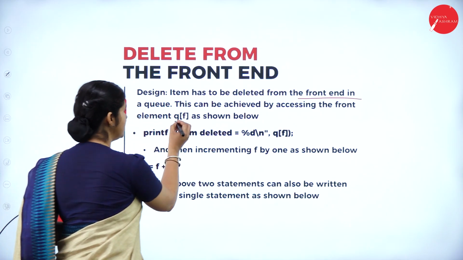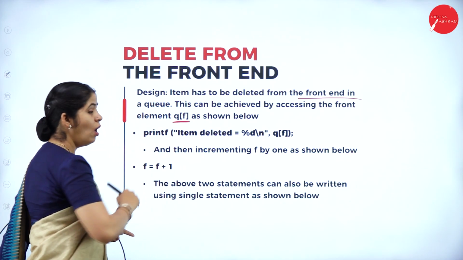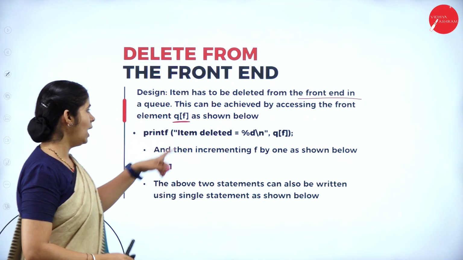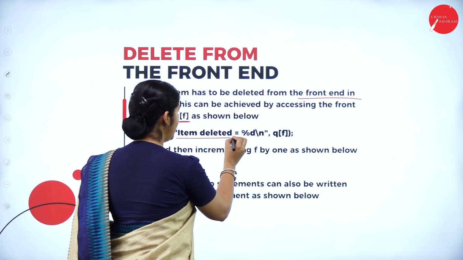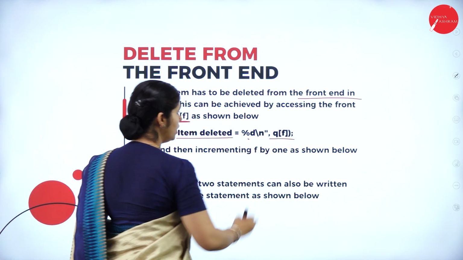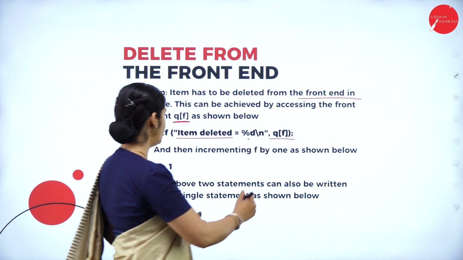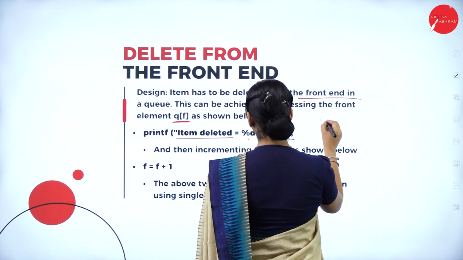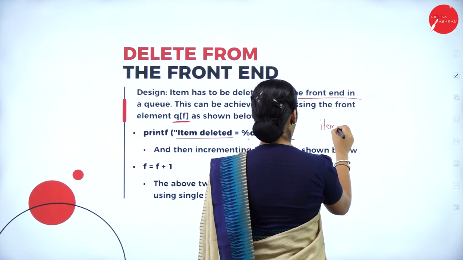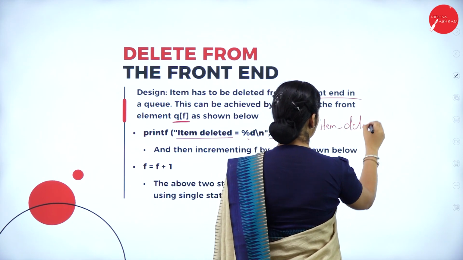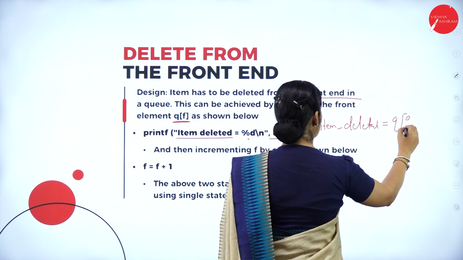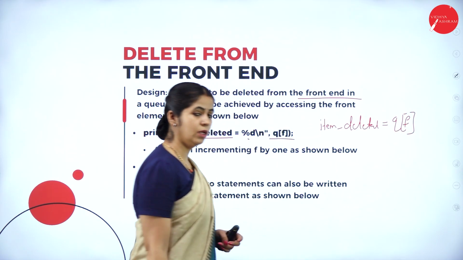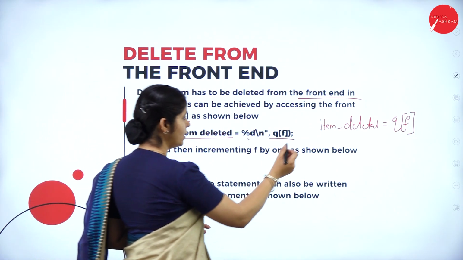We have to access the element at the front pointer position as shown below. How are we going to access? Print element deleted and percentage d, Q of F, or you can write item_deleted is equal to Q of F, right? Item deleted from the front end.